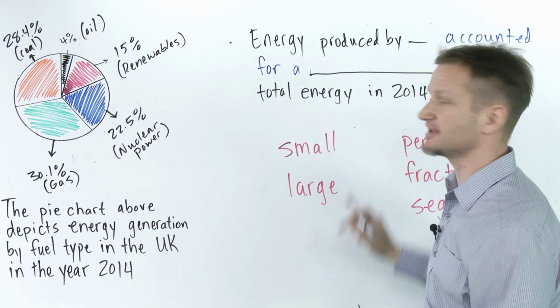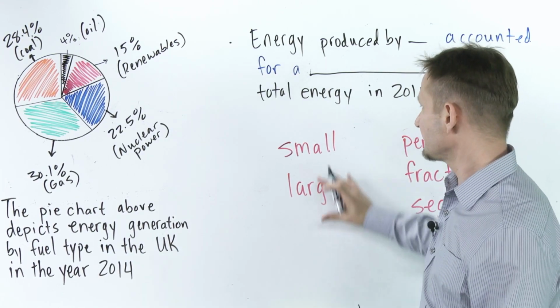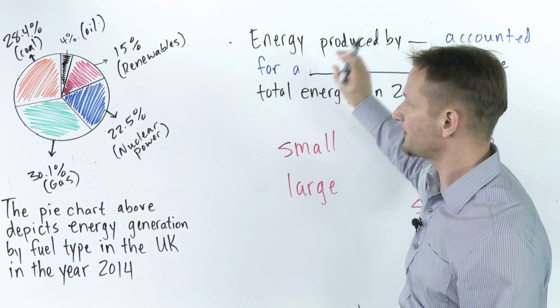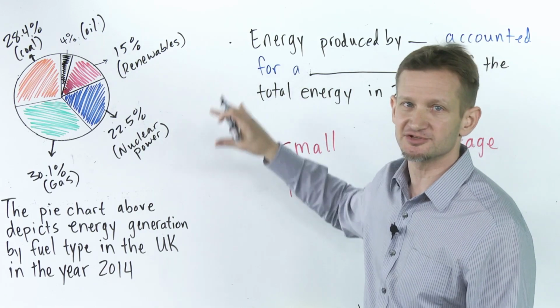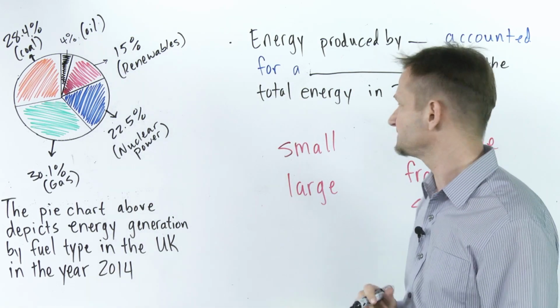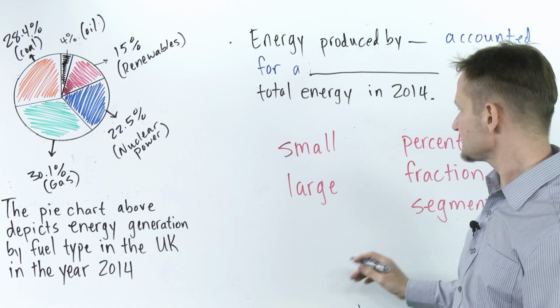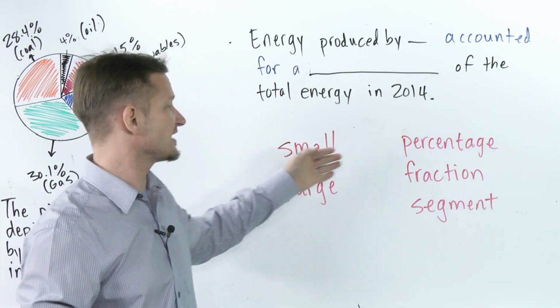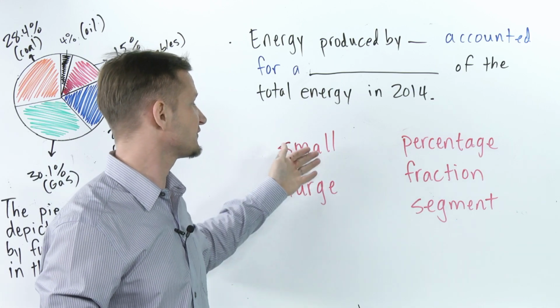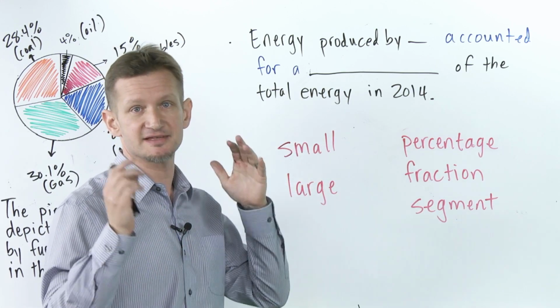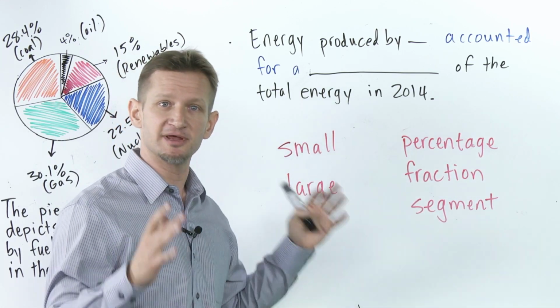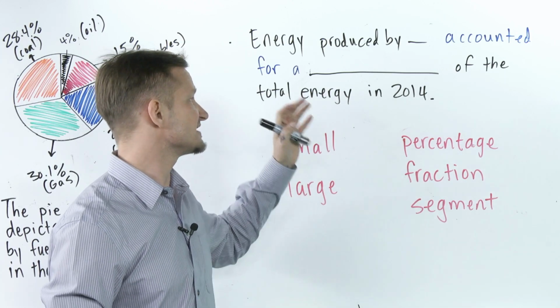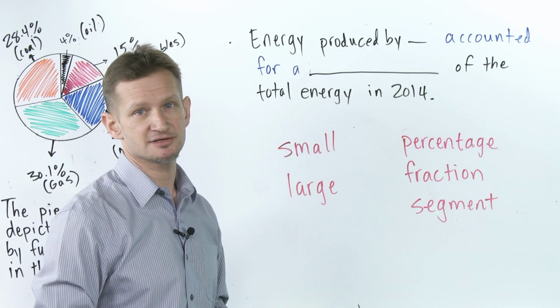You're going to say large percentage. So you have to think about what the small piece is in relation to the whole. Is it small or is it big? Also, on top of that, you can say a small percentage, but you could also say a small fraction. You can also say a large segment. They mean the same thing in this case. So that's another way that you can use percentage.